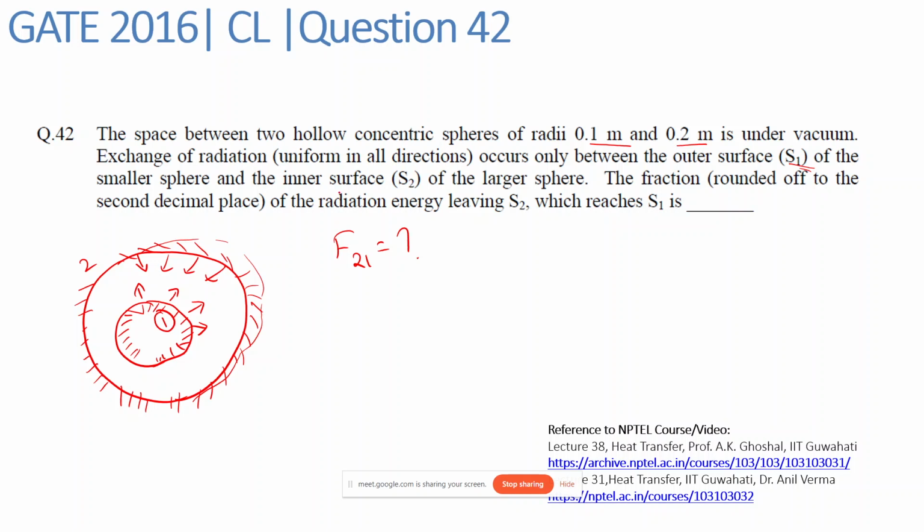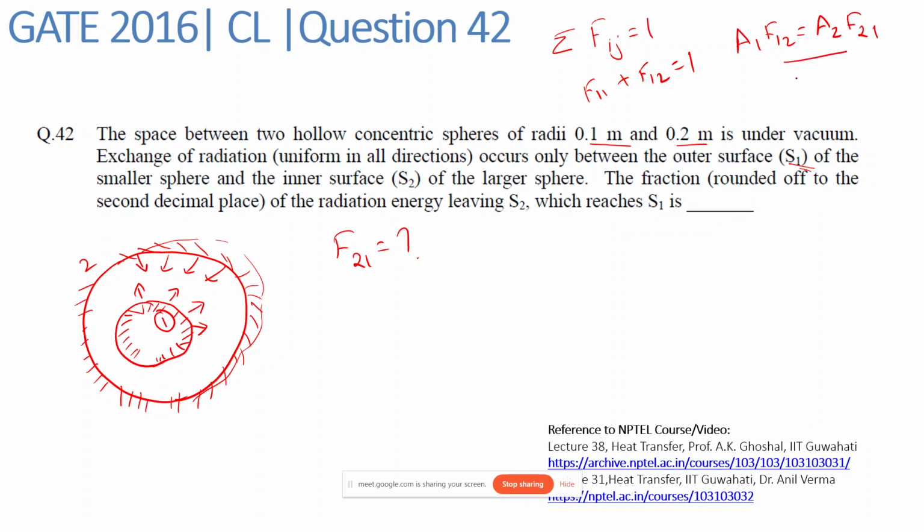Now there are two basic rules for these view factor correlations. The additivity rule says the summation of Fij will be equal to 1. That is, for this question we can write F11 plus F12 is equal to 1. Then there is the reciprocity theorem, which gives us A1 F12 is equal to A2 F21.